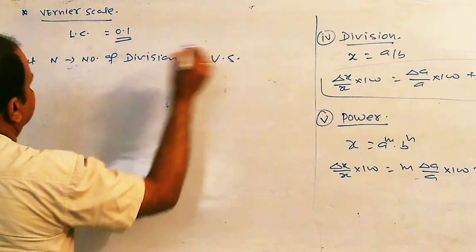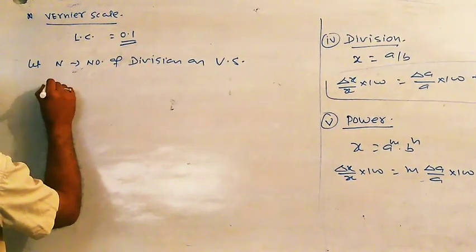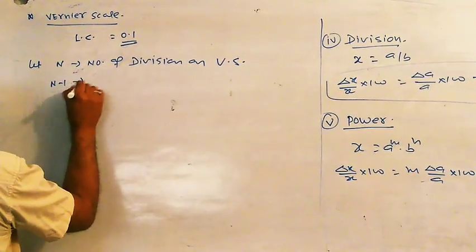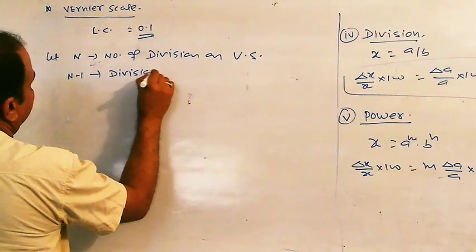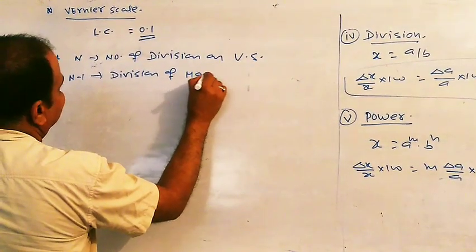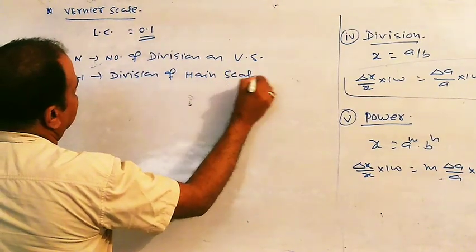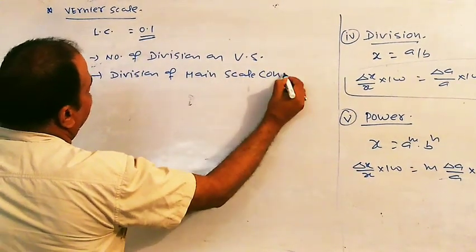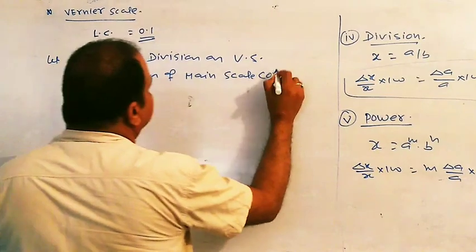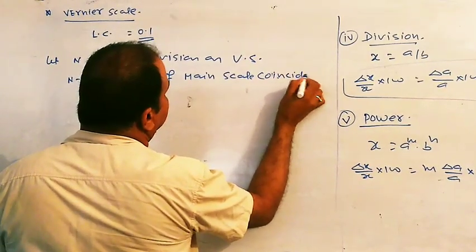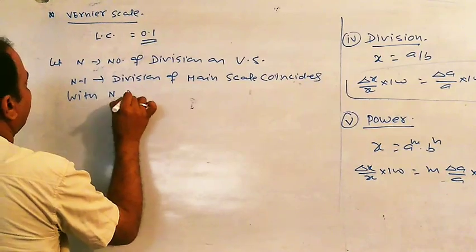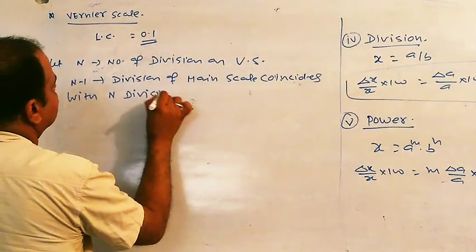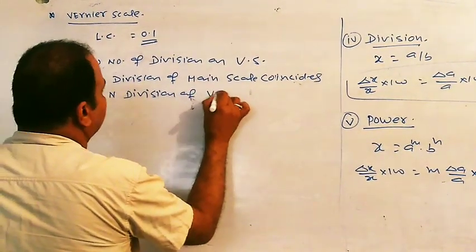on vernier scale and n minus 1 division of main scale coincides with n division of vernier.